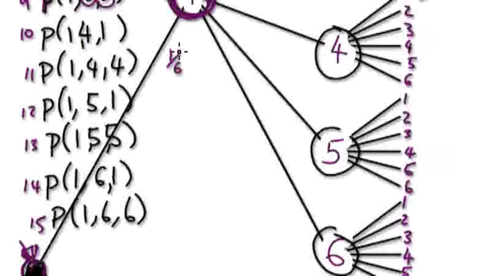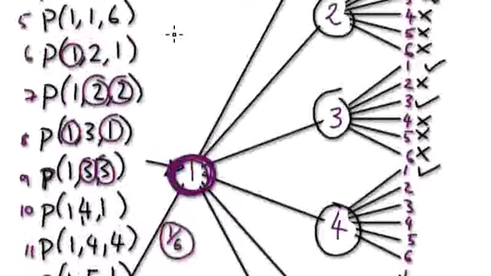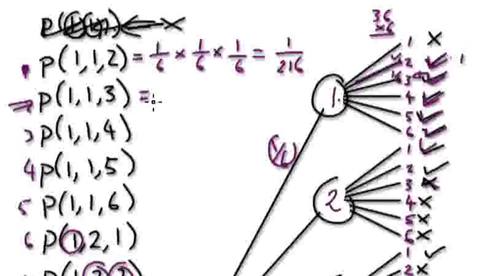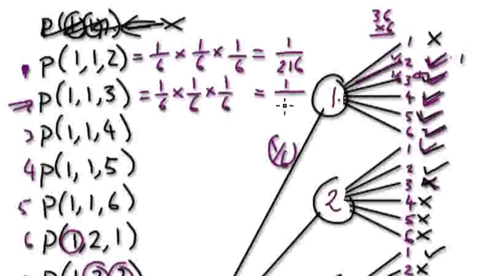So we need 1 here, which is a 6th, times a 6th here, and then times a 6th here, because when you're here, the probability of you getting a 3 would be a 6th. So again it would be 1 over 6 times 1 over 6 times 1 over 6. So basically it comes to this thing again.